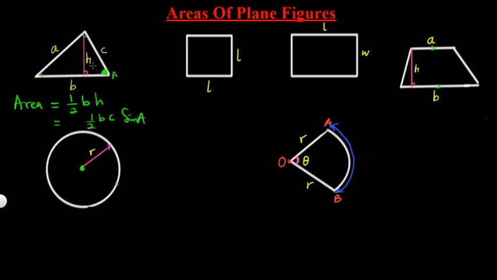So sine A will be opposite divided by hypotenuse, and that gives us the height.